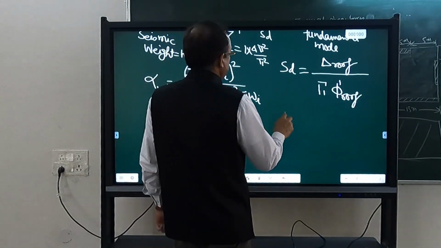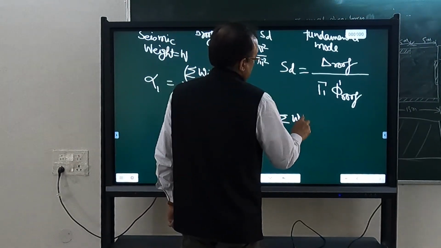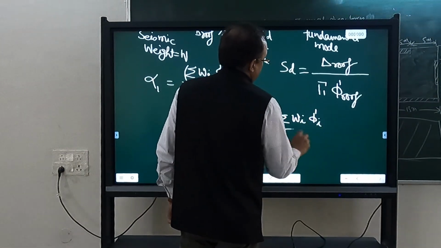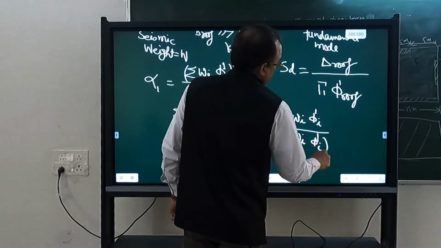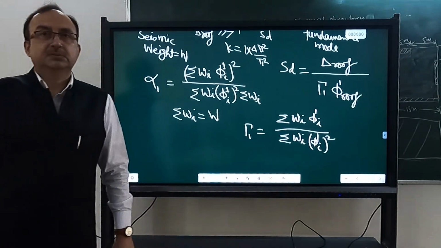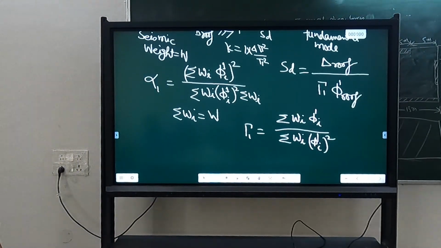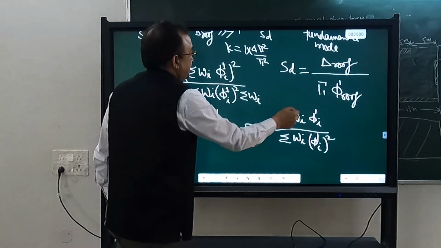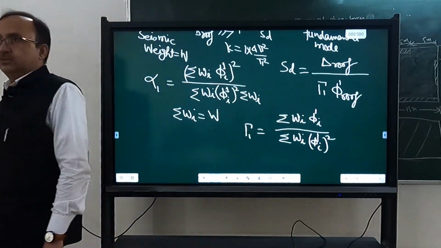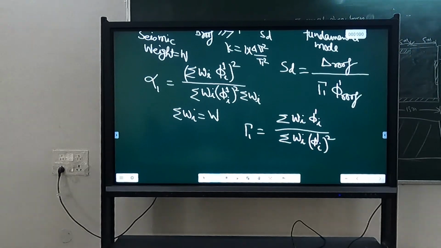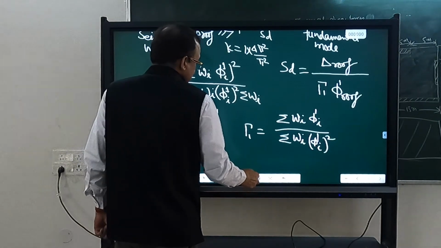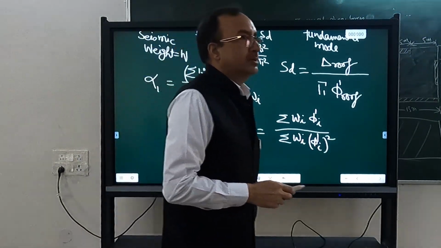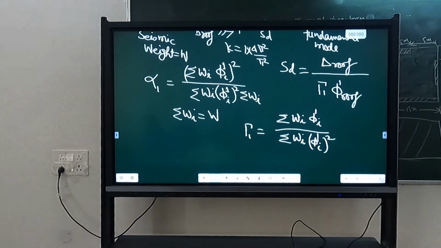Gamma 1 is summation Wi phi 1i divided by summation Wi phi 1i squared. The difference is only that the numerator is not squared. And what is phi 1 roof? Phi 1 roof is the value of the coefficient of the mode shape at the roof.